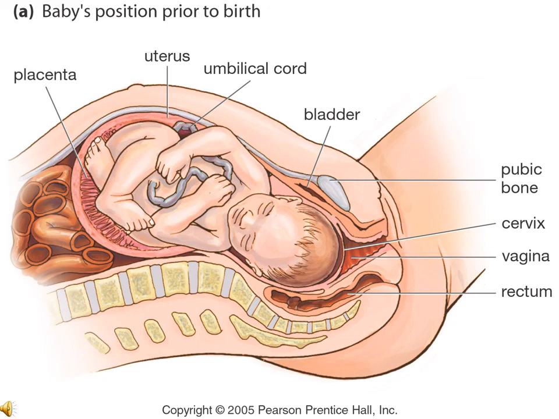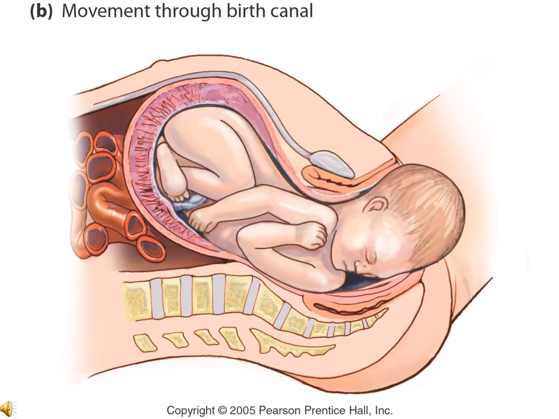Now, this is a fairly complex process. A lot of hormones go in to loosen the cervix and allow the baby to get through. Normally, this process goes through without incident. Unfortunately, sometimes the cervix is just not big enough for the fetus to get through.